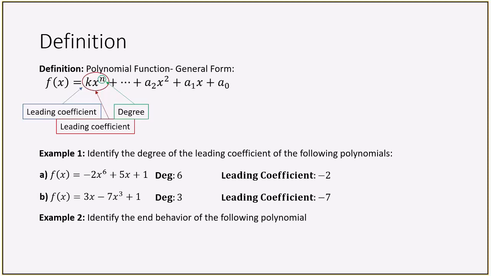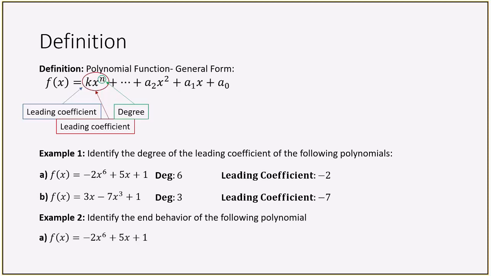The nice thing is that all of those rules that we came up with, that giant table with the end behavior, can be used when we're doing polynomial functions. How we use them is we look at these two concepts, my degree and my leading coefficient, because those are kind of the strongest things in my function. So that's really going to drive what my end behavior is going to be.